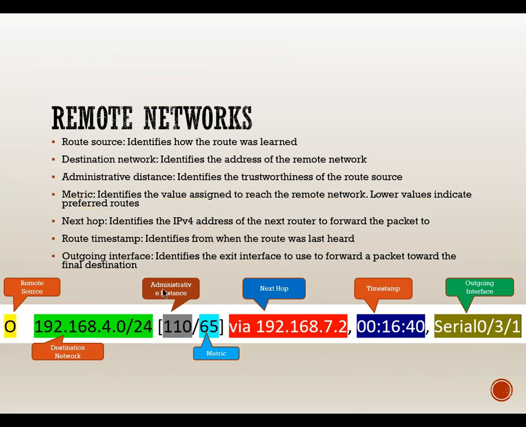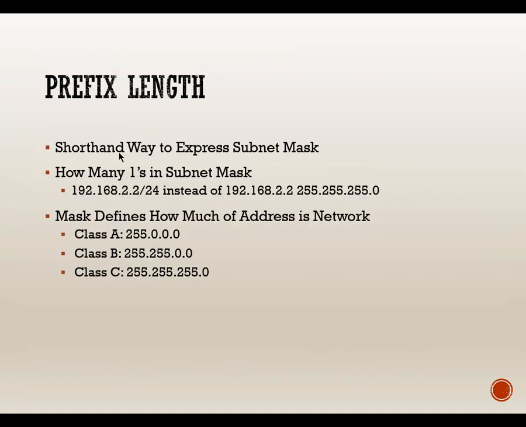So those are the remote networks, the components of the route entry. The prefix length is a shorthand way to express the subnet mask, sometimes called CIDR, classless inter-domain routing. What it basically is, is how many ones are in the subnet mask.